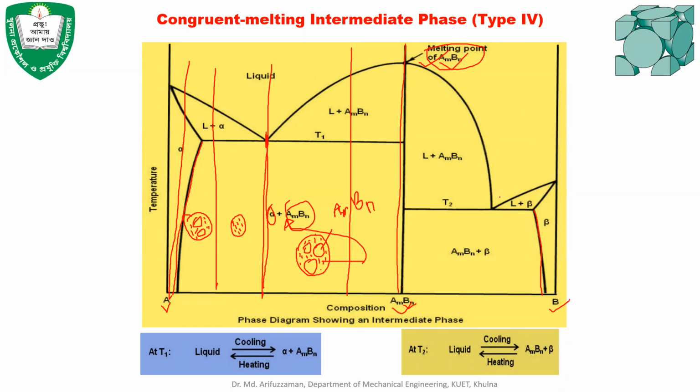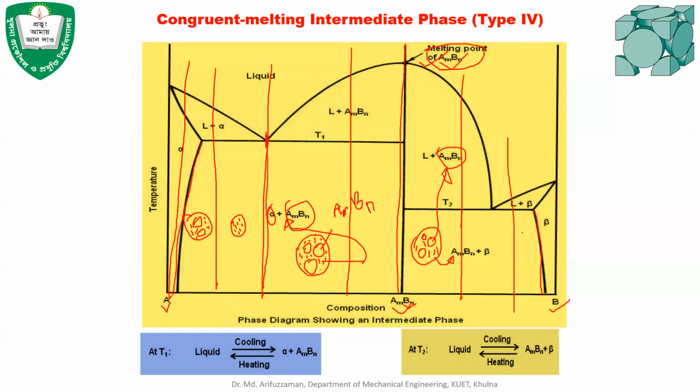On the other side, if we consider an alloy in here, then it will have crystals of AMBN, and when the temperature T2 is crossed, the crystals that formed in here will be AMBN, and after the eutectic reaction, the rest of the crystals will be the mixture of AMBN and beta.